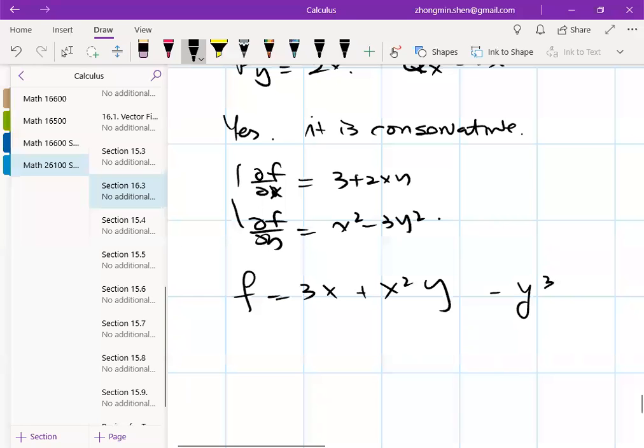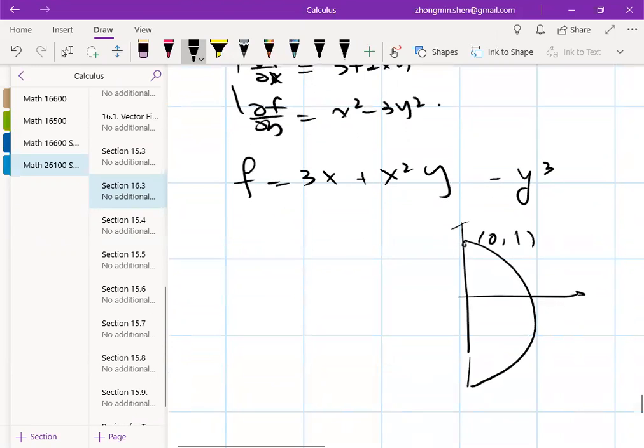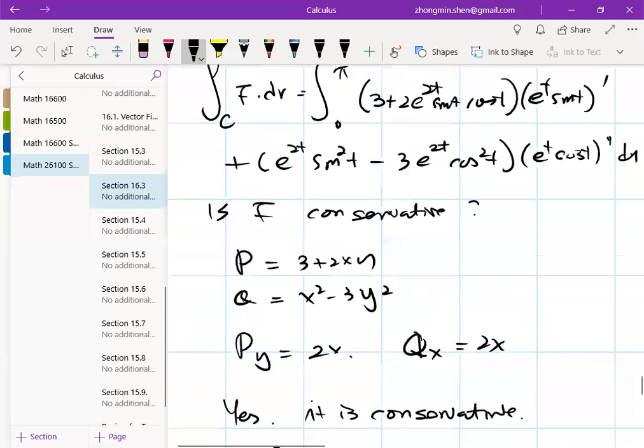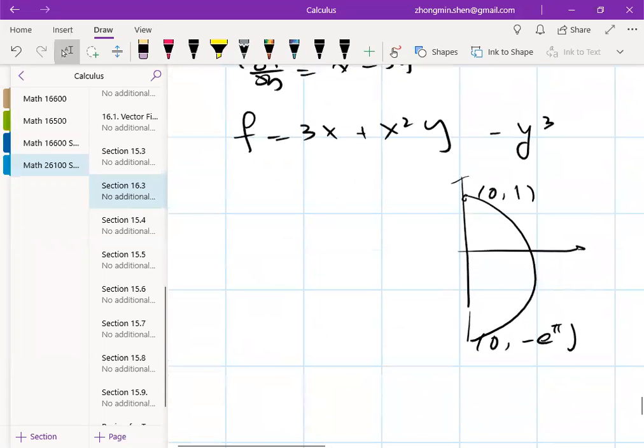So this is a function. Now, if we get a function, then the rest of the computation is simple. We just evaluate the two endpoints, right? Remember, it starts from here all the way to here. It's going to be (0, 1) and (0, negative e to the pi), when t equals pi.